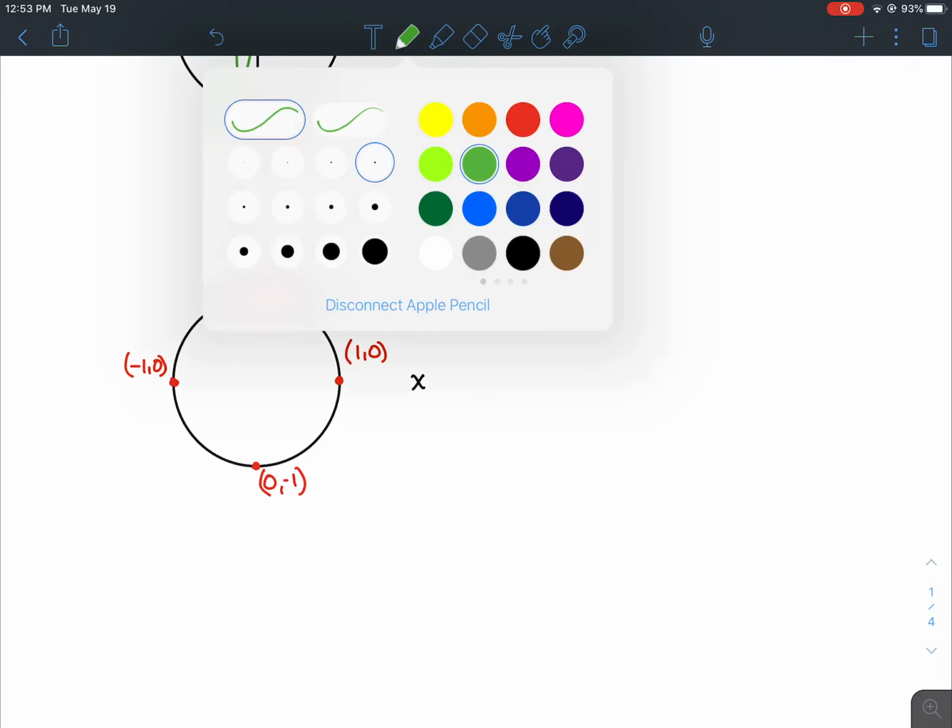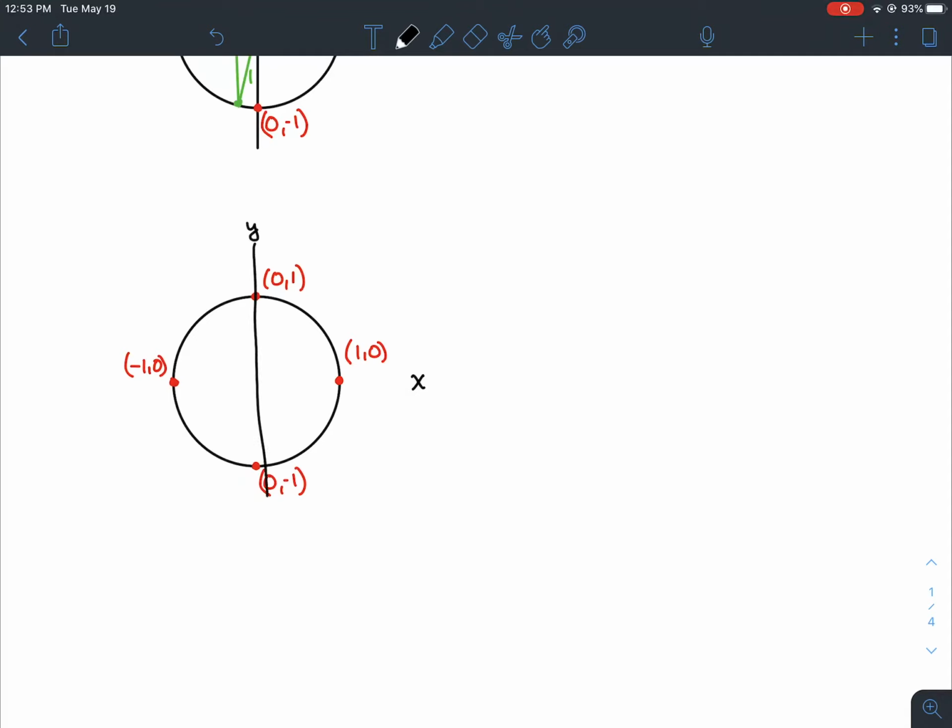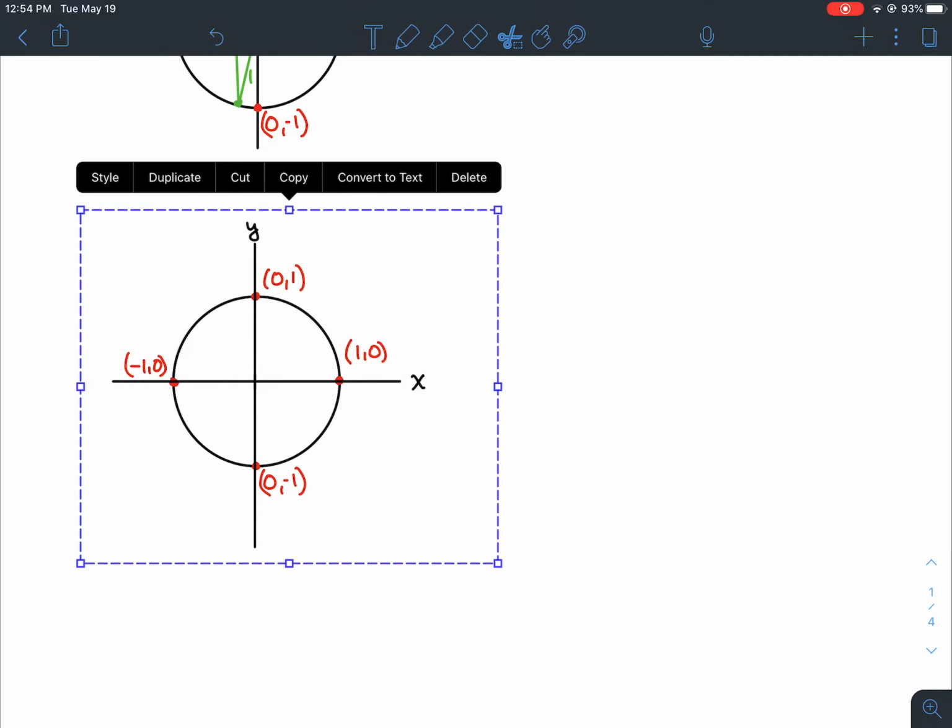At our unit circle. So let me redraw my axes. Oops, it's not very straight. And I'll move that one down. There we go. All right, so let me copy this here.